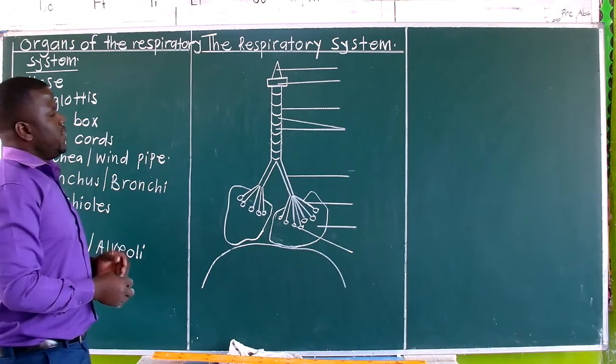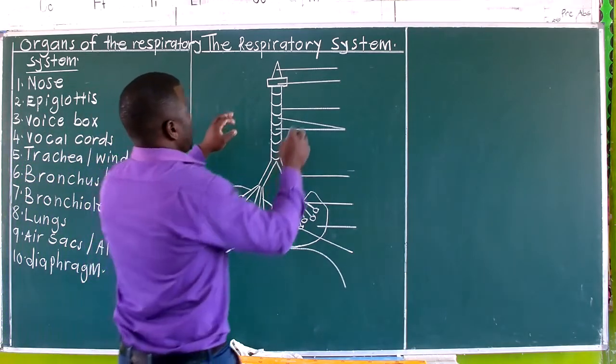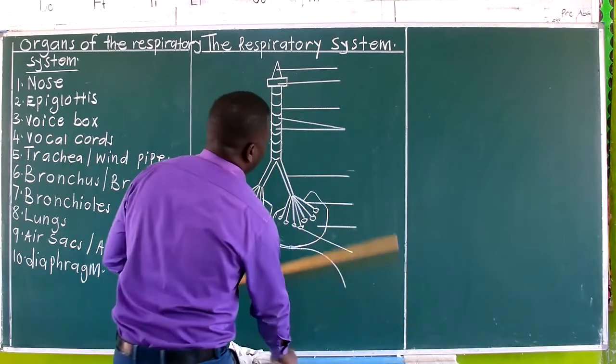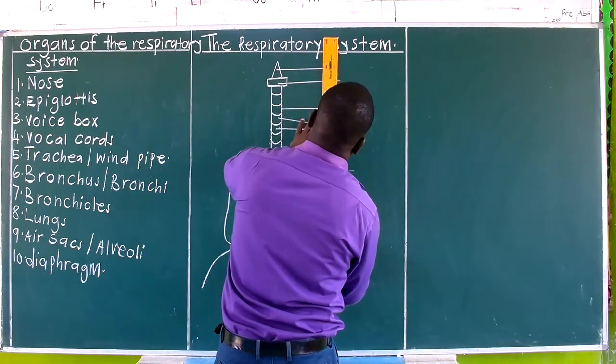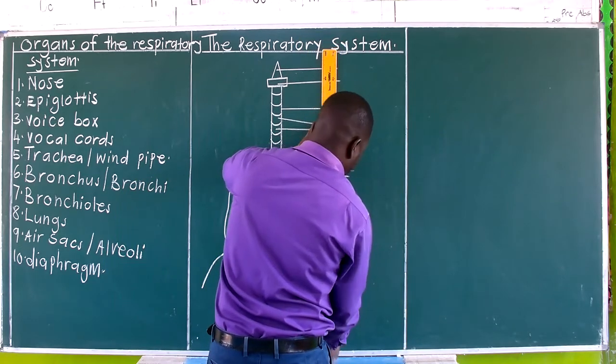So, this is a diagram showing the respiratory system. The first one is called epiglottis.